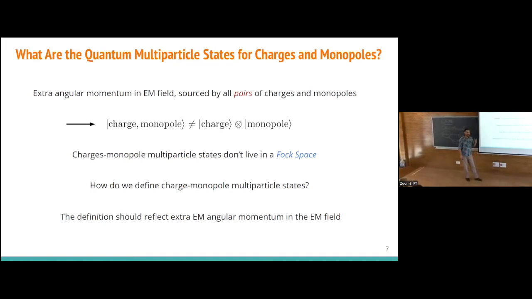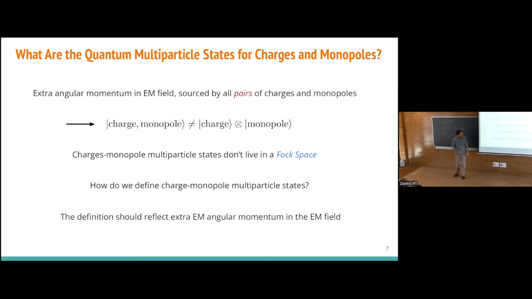So we already know that we have to construct multi-particle representations which are completely different from what you find when you open, like, chapter 2 of Weinberg, for example. They're not tensor products of single particle states. In other words, they don't form a Fock space.